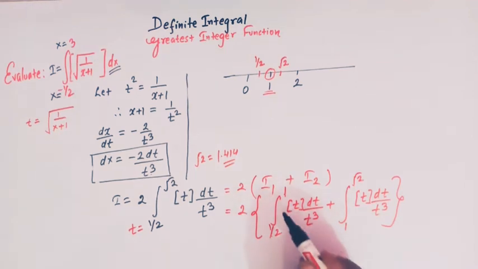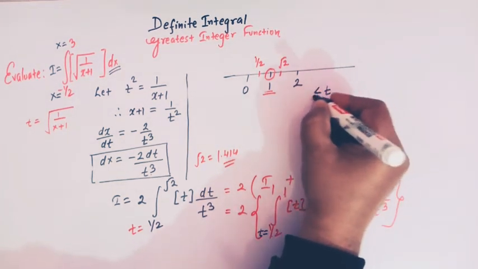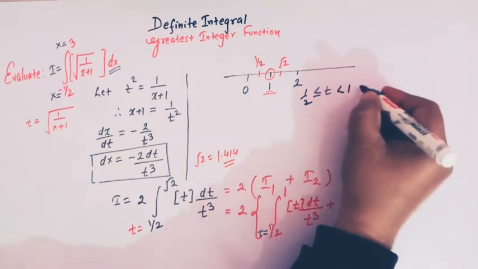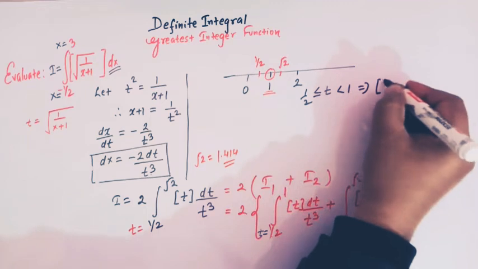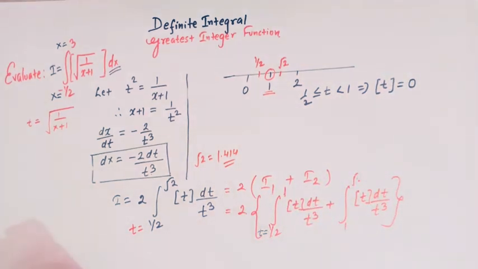Now viewers, as per the definition of greatest integer function, see here t varies from half to 1. So when t lies between half and 1, then the value of greatest integer t is equal to 0, right?